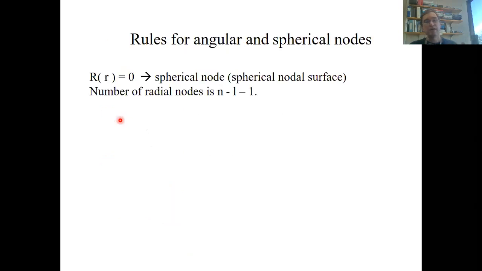Now, just at the very end, let us consider, can we predict the number of nodes in these orbitals from their quantum numbers? And the answer is that it is possible. And it's a fairly simple process.